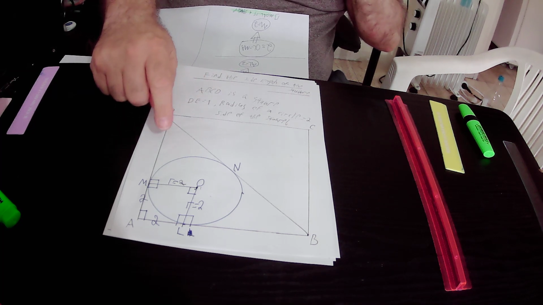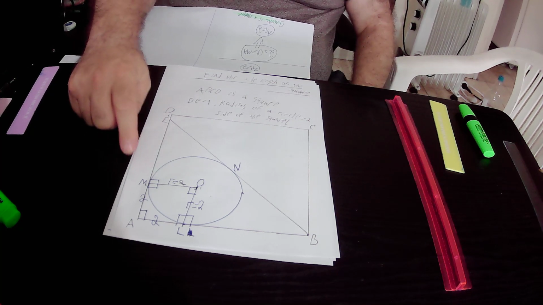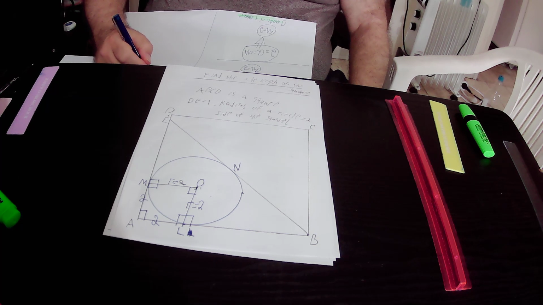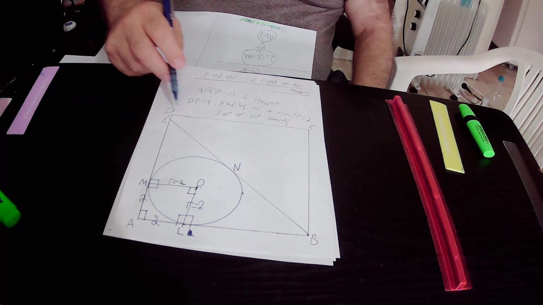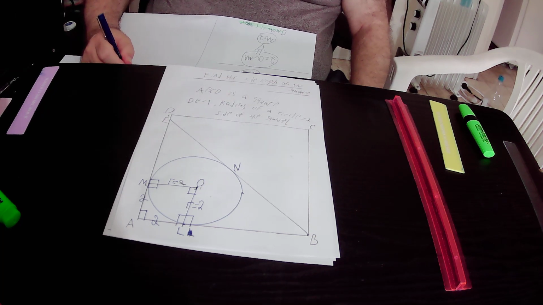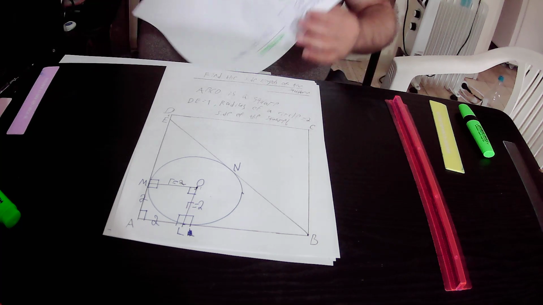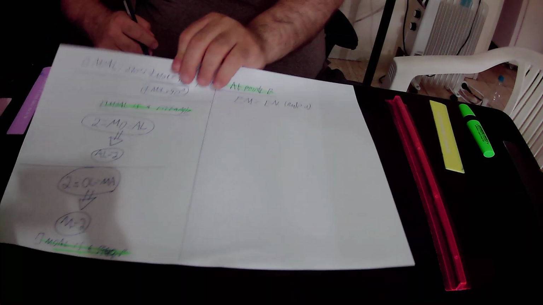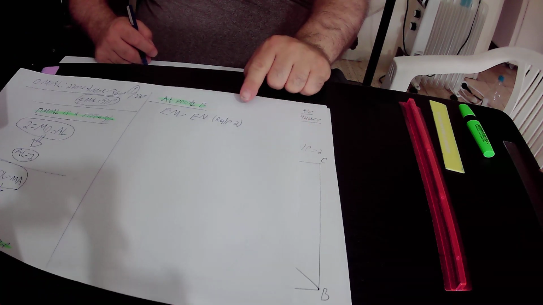The first tangent is tangent EM, and the second tangent is tangent EN. And according to rule number 2, the lengths of those two tangents are equal to each other. So EM equals EN according to rule number 2.